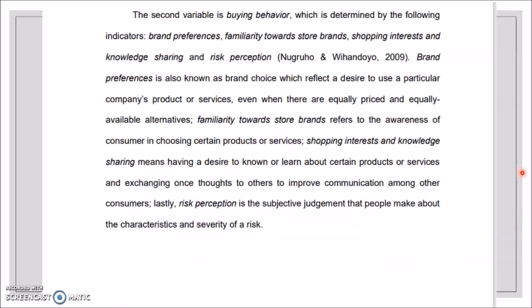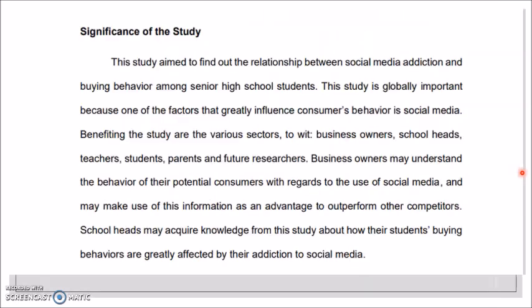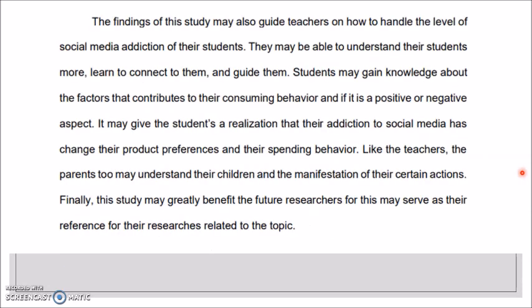And here is the second paragraph of their conceptual framework. Yung figure nila yung pinakita ko kanina. And then, here is another example for significance of the study. First paragraph. And then the second paragraph of the significance of the study.